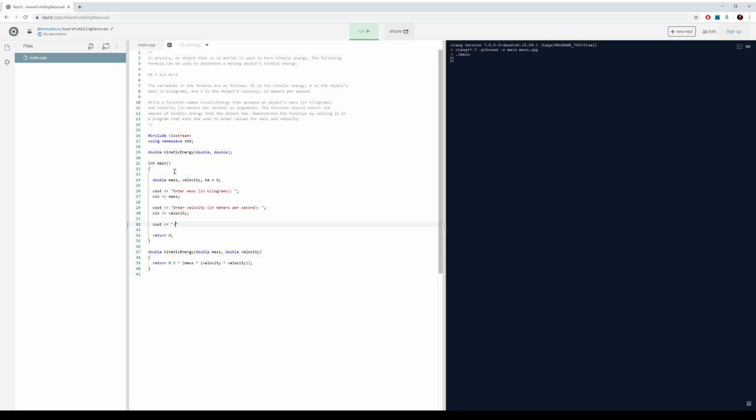Let's go ahead and put a little delimiter here. Now we want to say that the ke, the kinetic energy, equals, and we want to call our function. And the first value for the function is the mass. Second value for the function is the velocity.